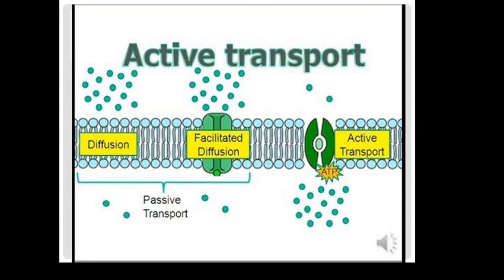Why? Because the molecules move from a region of low concentration to a region of high concentration under a certain required energy, which is released from the ATP, and it occurs against the concentration gradient, and always requires a semipermeable membrane to happen.